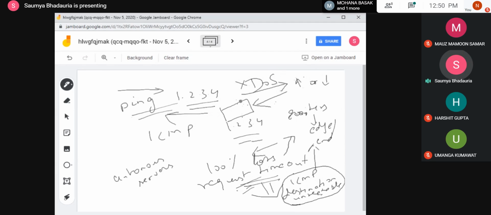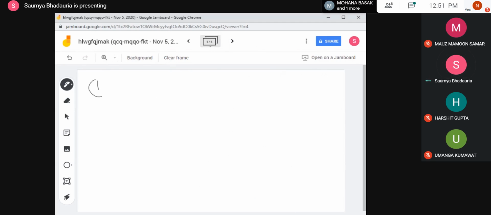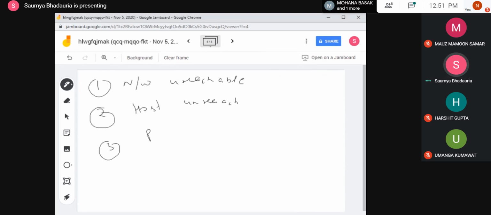Okay, understood? Now, possible reasons why you can have a destination unreachable message is first case that you have network unreachable. I'll only tell you the headings first. Next case can be you have a host unreachable. Third, you can have port unreachability. Fourth, you can have protocol unreachable.